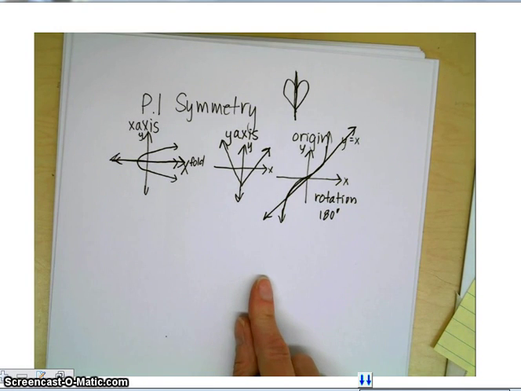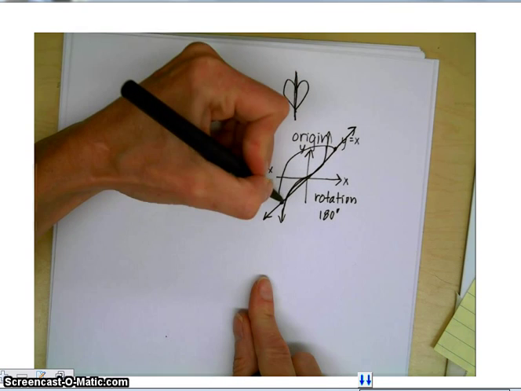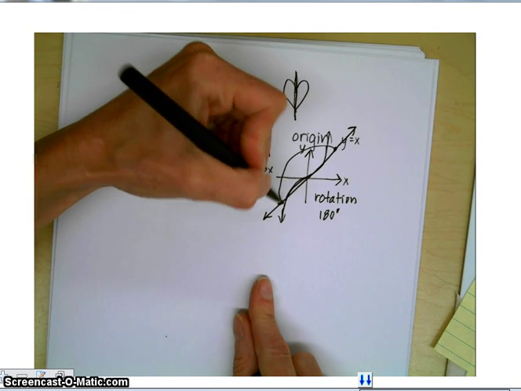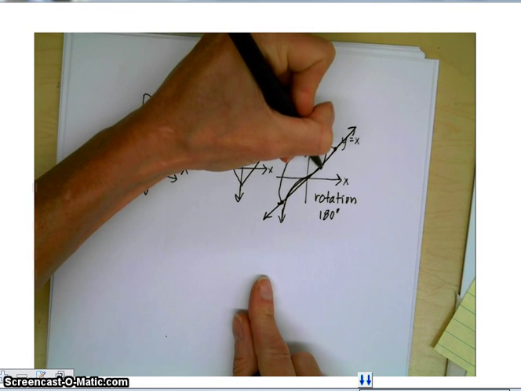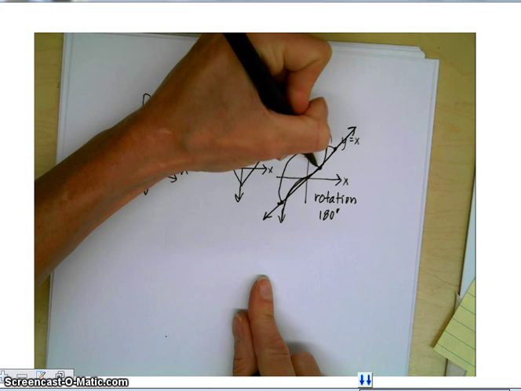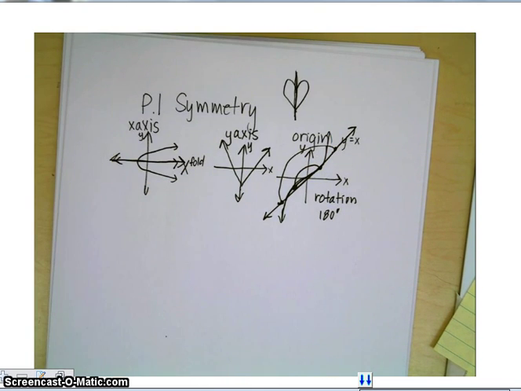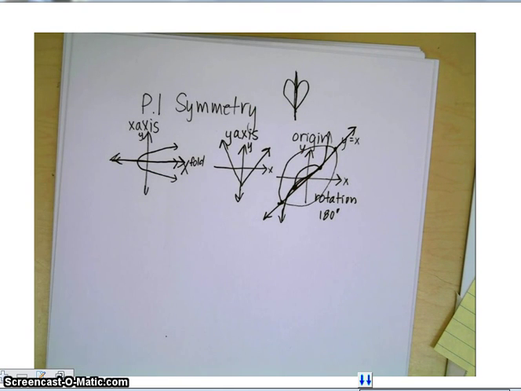So what that means is if I pick one point on the graph and then I rotate 180 degrees, I'm still on the graph, okay? And both points end up being the opposite sign. If I pick some point like this point here on this curve and I go halfway around the circle, I end up on another point right on that curve. And regardless, I could go the other way 180 degrees, still end up on the curve. So origin symmetry is rotational symmetry.